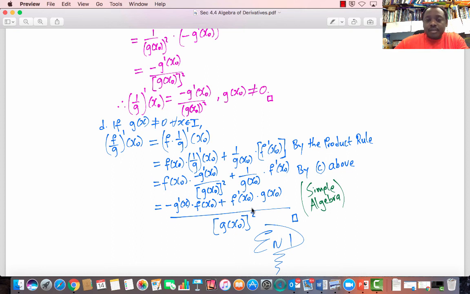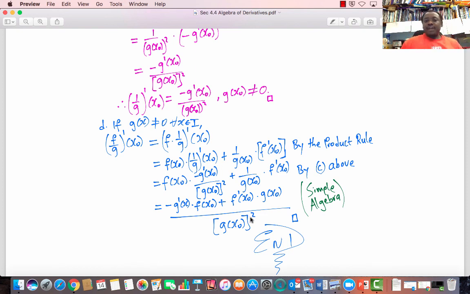And simple algebra, we put this together to get negative g prime at x naught times f of x naught plus f prime at x naught times g at the point x naught, all of that divided by g at the point x naught squared, and that is our quotient rule.